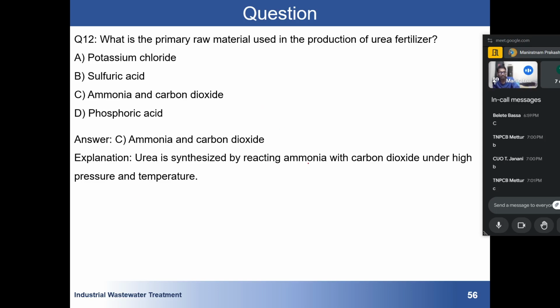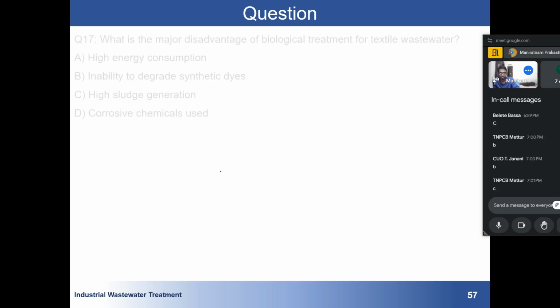Urea is synthesized by reacting ammonia and carbon dioxide under high pressure and temperature. What is the name of this process? Anyone? A name has been given to this process. Anyone remember it? Haber process.